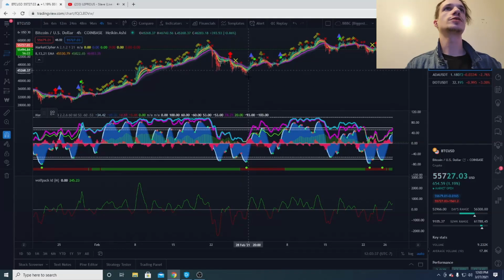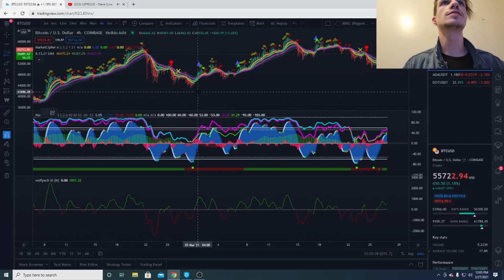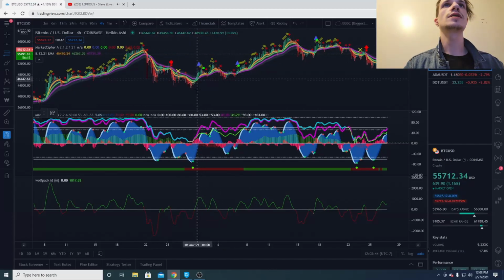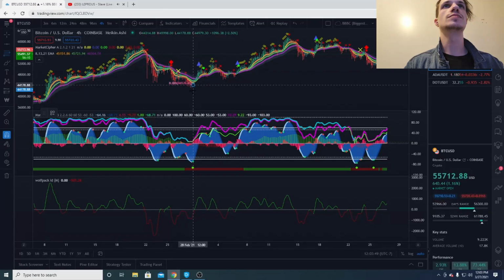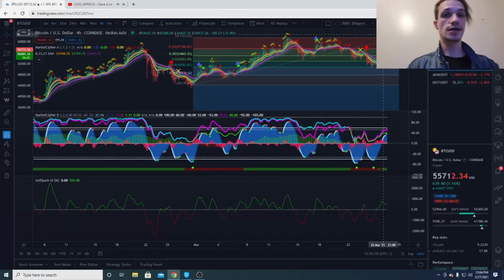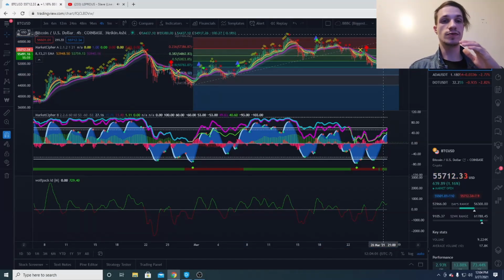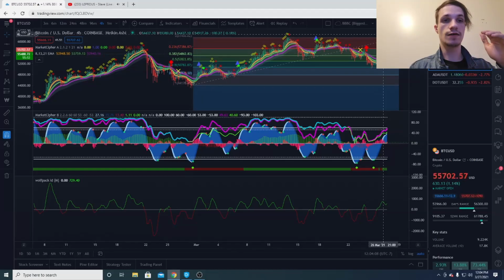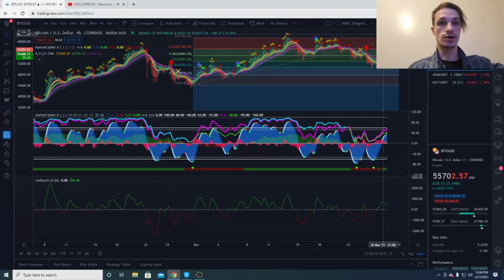So I'll take my Fibonacci, I will put it right, oh, my mouse is wigging out on me, right at the bottom if it lets me. Boom. Okay, and then we'll bring it all the way up to the top. So a thing with the Fibonacci that you should know is that you want to place your Fibonacci wick to wick, or bottom to bottom, you don't want to have it on wick and top.